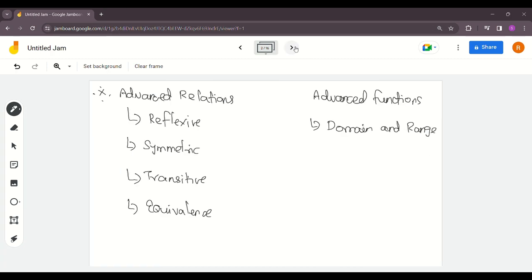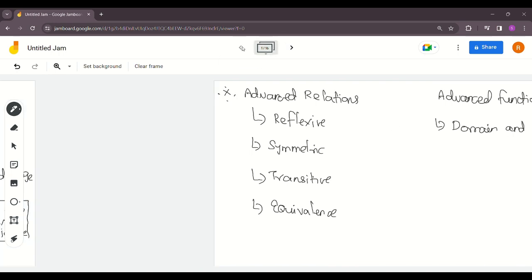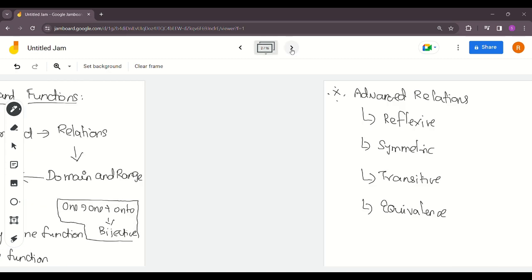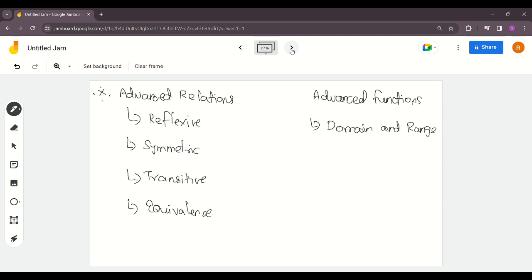After that, we are going to see the basics, whatever you have learned in your ninth, 10th and 11th grade. With a strong base, it would be helpful for you to understand these concepts much better.